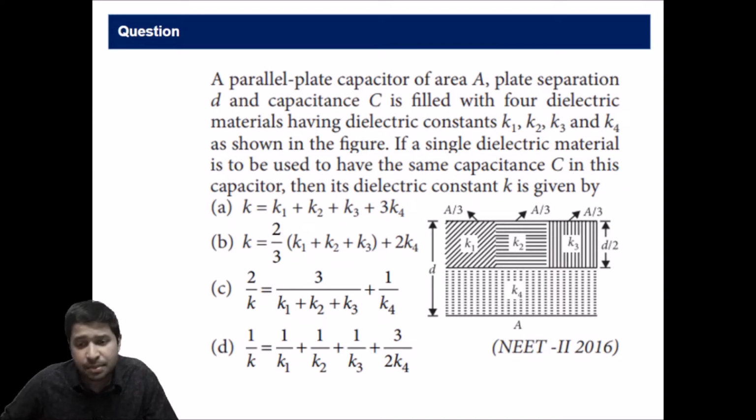This talks about a parallel plate capacitor, but the inside of it has 4 different dielectrics, K1, K2, K3 and K4. The total area of the parallel plate is A, such that it is divided into A by 3, A by 3, A by 3 in case of these 3 dielectric media, and the distance D is divided into 2 layers, D by 2 and D by 2, where the first D by 2 is occupied by this first set of dielectrics, and the next D by 2 is occupied by one particular dielectric which has a dielectric constant of K4.